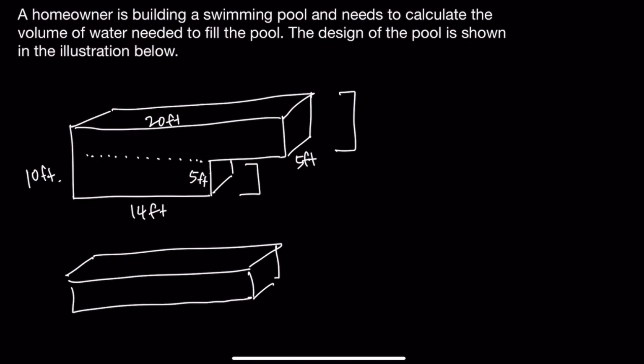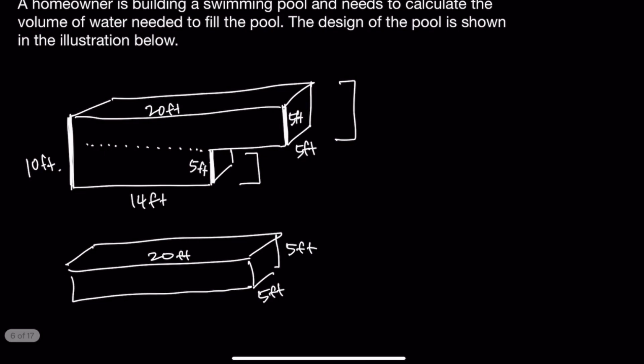The top one has a length of 20 feet, a width of 5 feet, and a height also of 5 feet. And we know that because this total height is 10 feet, and the bottom rectangular prism took up a height of 5 feet, so leftover is 10 minus 5, or 5 feet.